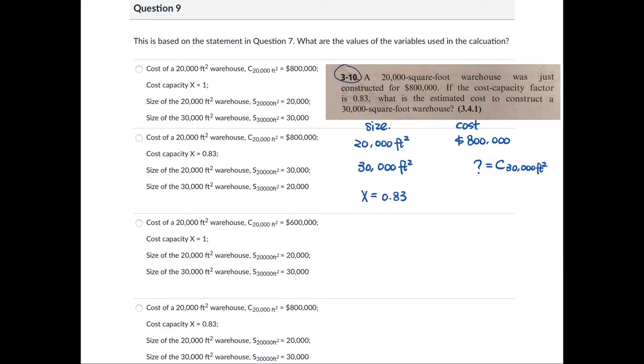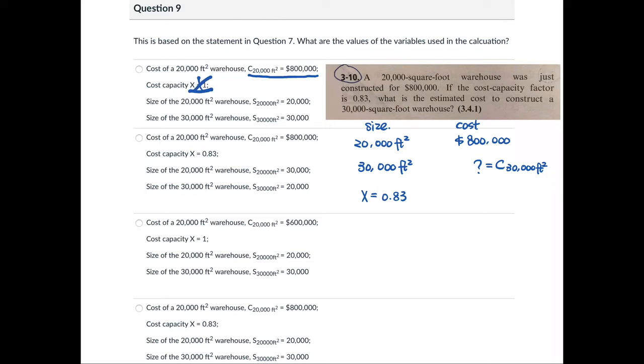Okay, so now you wanna just select. Okay, so cost of a 20,000 square feet house. That's the C 20,000 square feet. This is 800,000, and the cost capacity ratio, it's not 1. That's wrong.